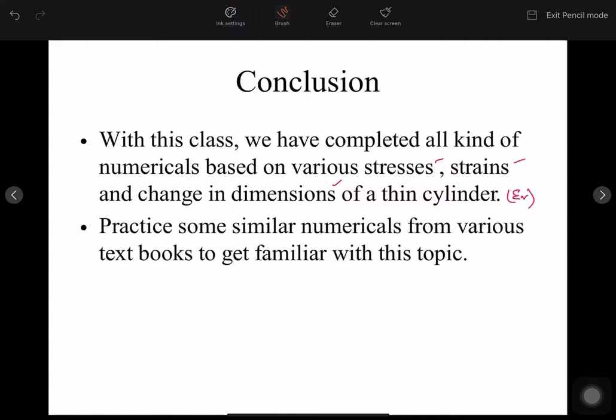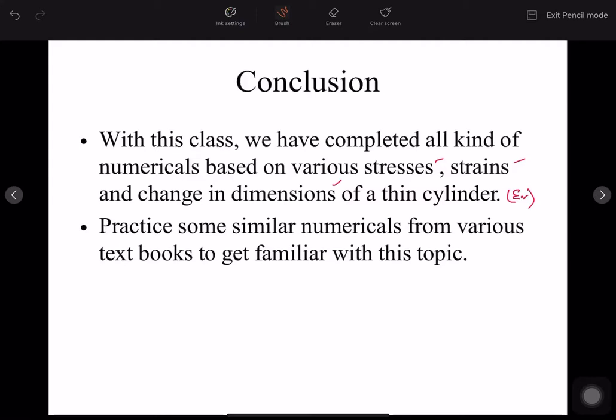So I further recommend you to practice some more similar numericals from various textbooks to get familiar with this topic. If you keep on solving various numericals, your concepts will be much clearer.